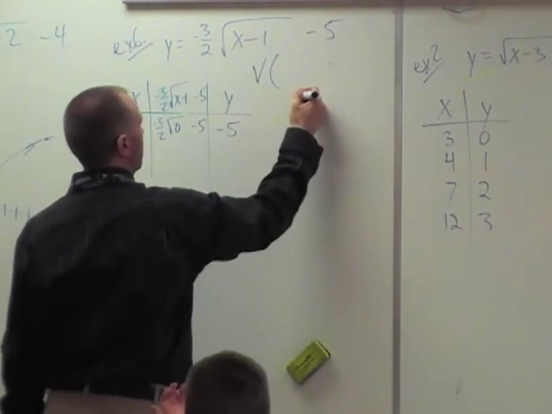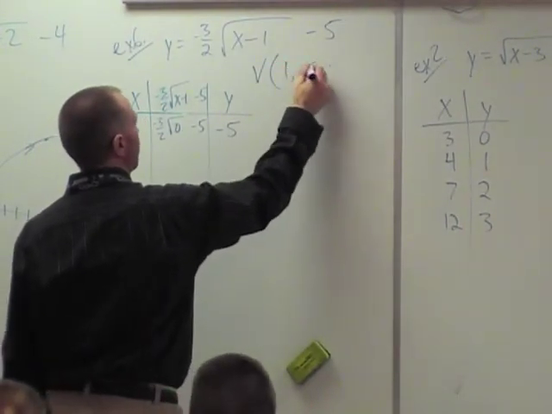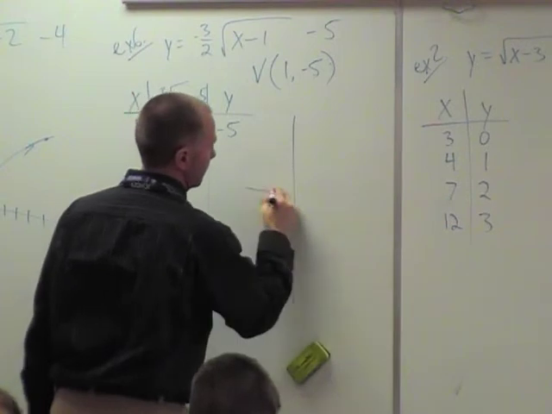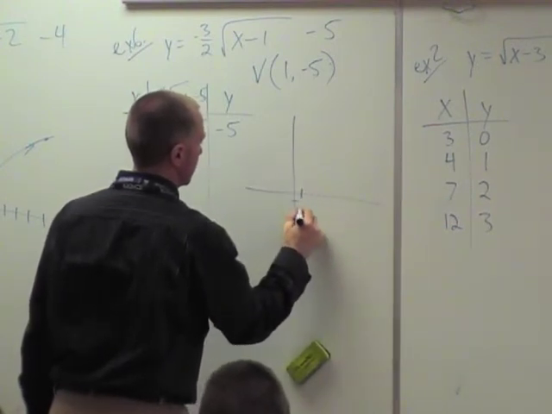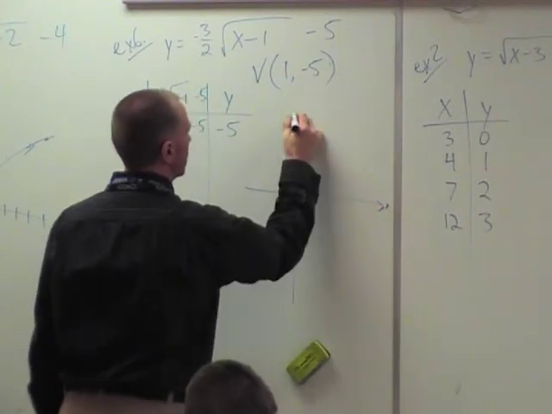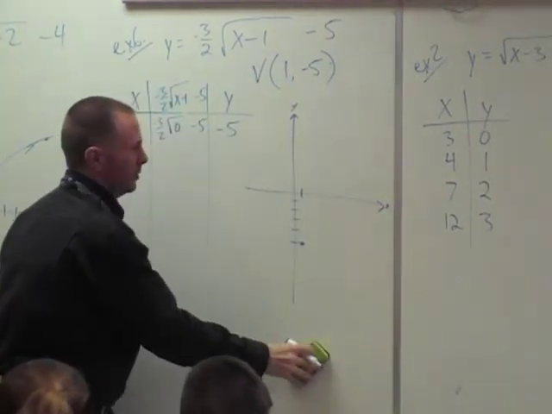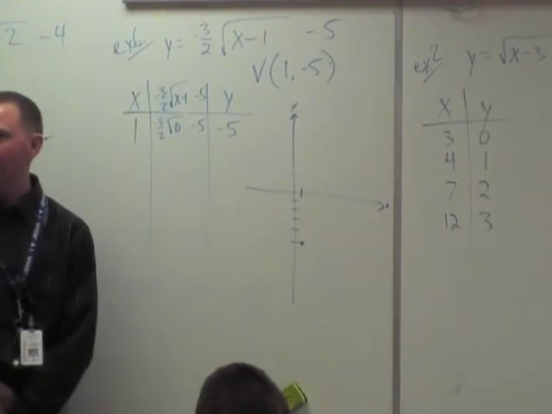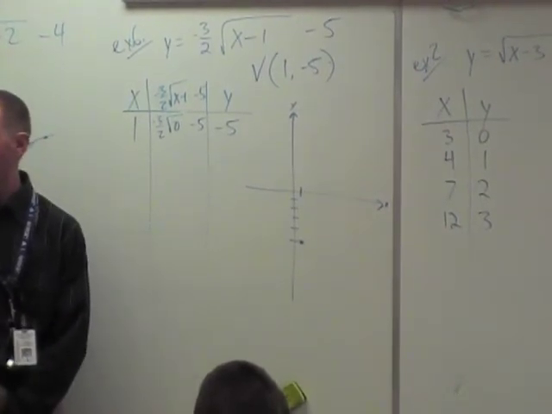Where's the vertex, first of all? 1, 5, 1, negative 5. Okay. Two more points.